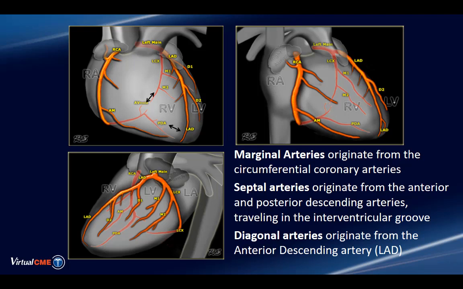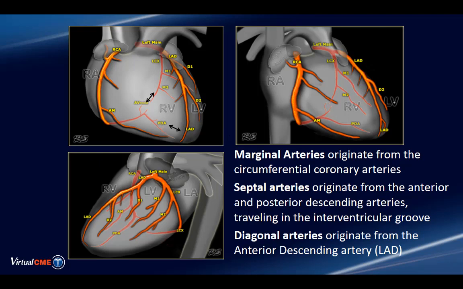And for purposes of description, we talk about marginal arteries, and these are the arteries that always emanate from the circumferential coronary arteries. So the left circumflex will have 1, 2, or 3 marginal arteries. The right coronary artery happens to be the right circumferential vessel, and that will have right ventricular marginal arteries. Septal arteries always originate from the anterior and posterior descending arteries.